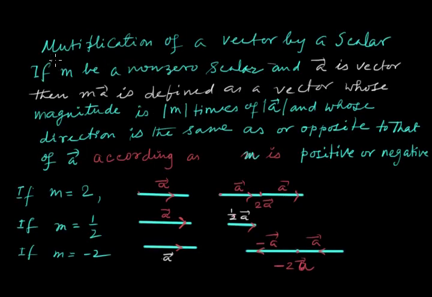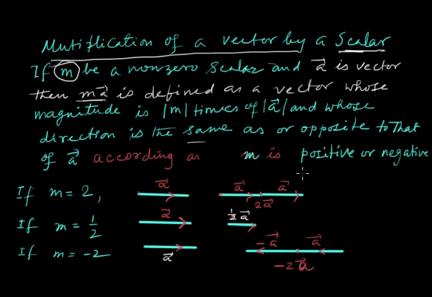Now multiplication of a vector by a scalar. If M is a non-zero scalar number and A is a vector, then MA is defined as the vector whose magnitude is M times that of vector A and whose direction is the same as or opposite to that of A according as M is positive or negative.